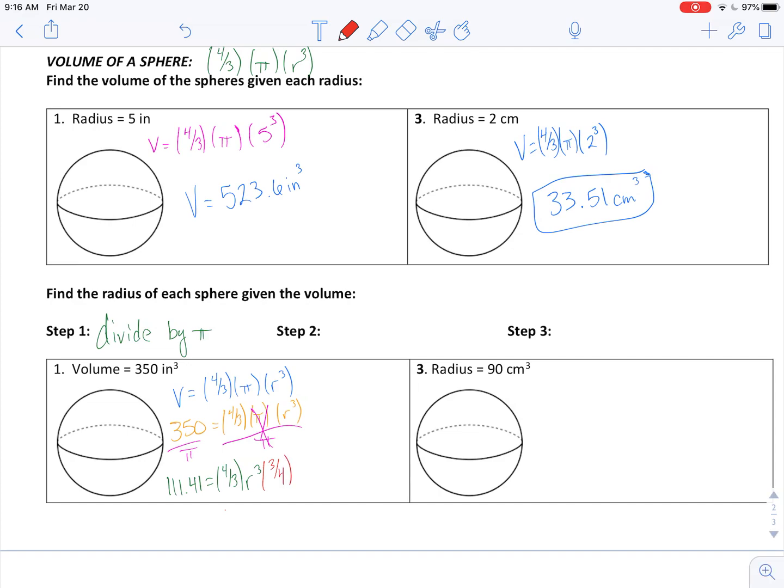Or what's the opposite of 4/3? I could multiply by 3/4. So you could either multiply by 3/4 or divide by 4/3. You'll get the same thing. So those reduce, divide by 4/3 or multiply by 3/4.